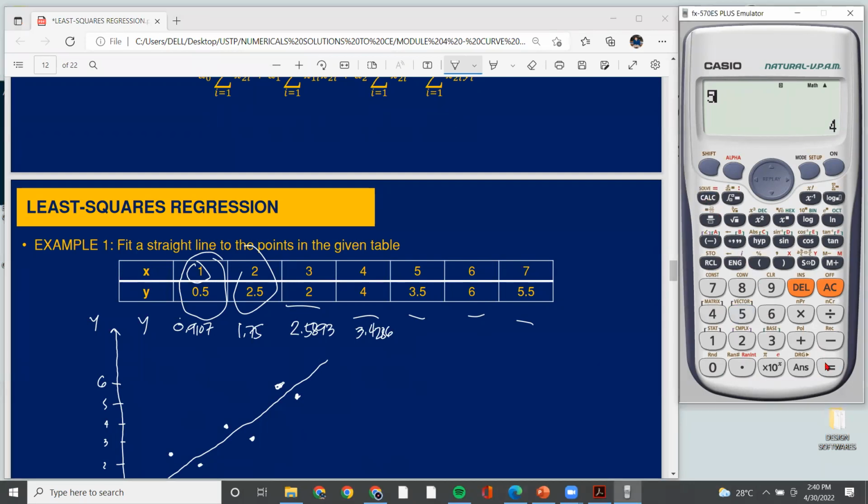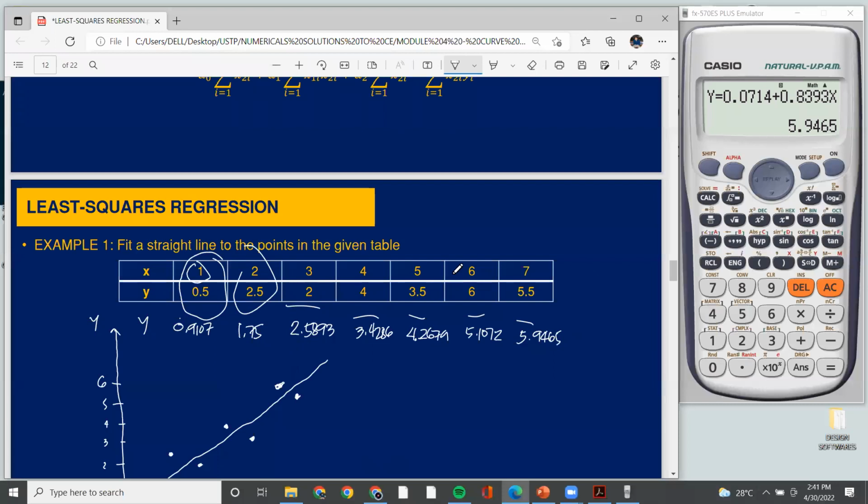For 5: 4.2679. For 6: 5.1072. For 7: 5.9465.